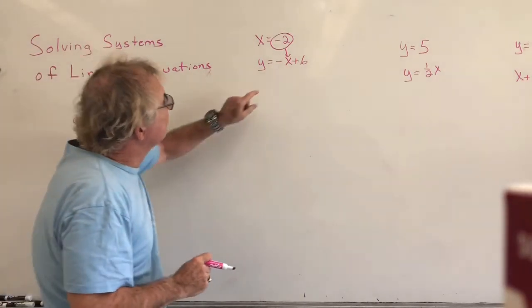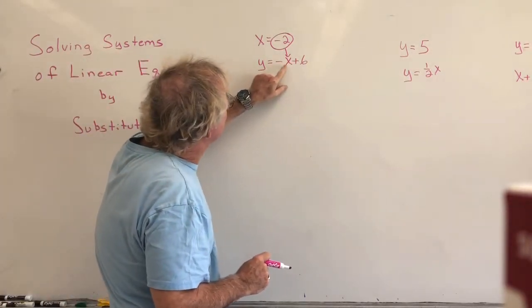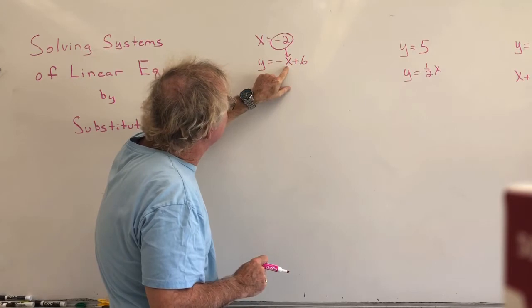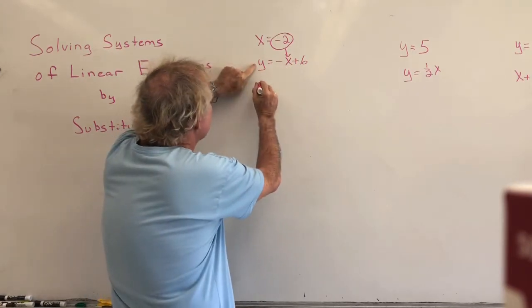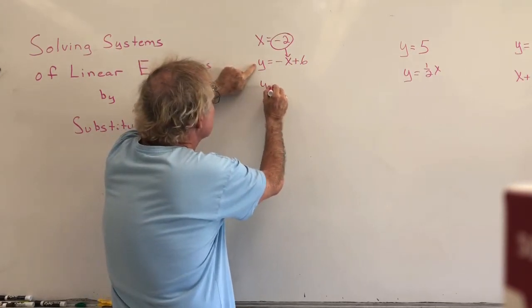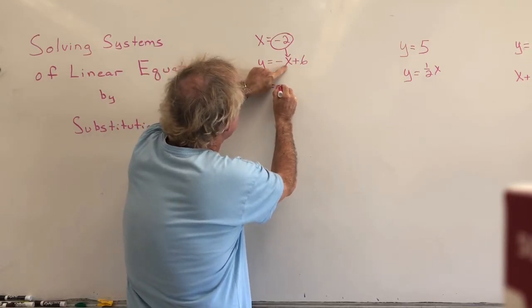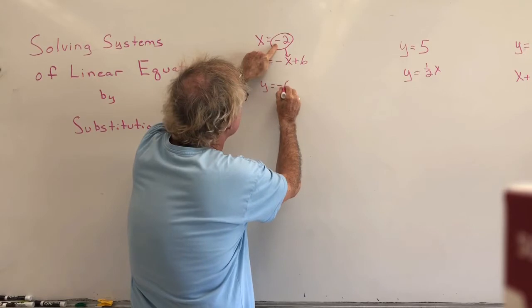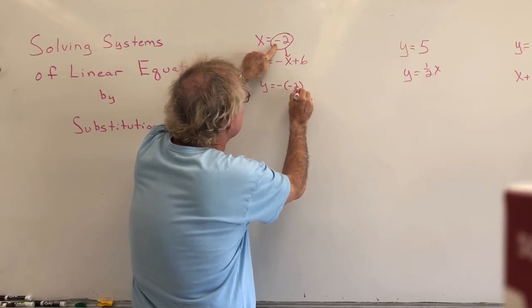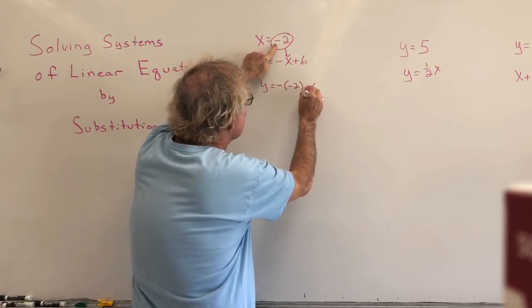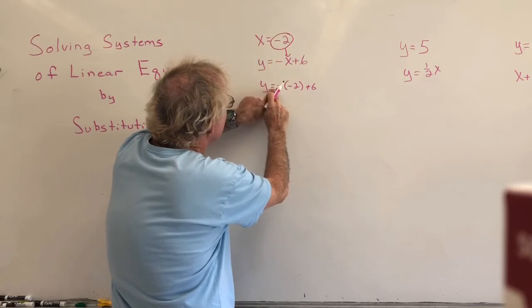So this -2 goes in place of x because it's equal to -2. So we write y is equal to -x, but what is x? It's -2, plus 6.